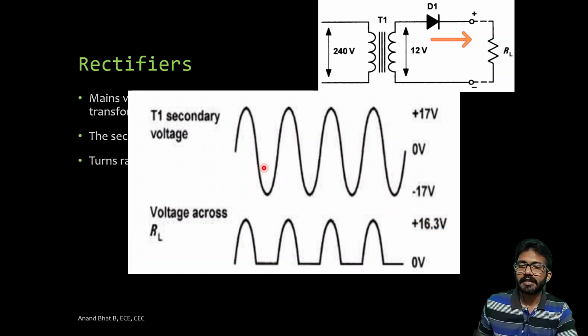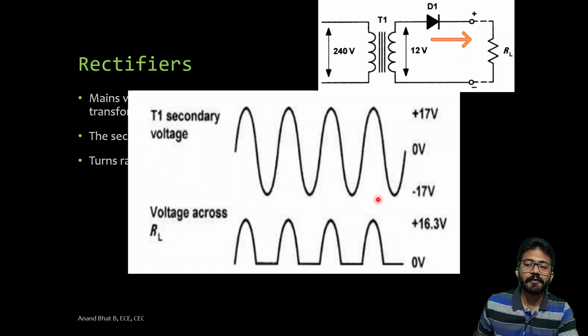And we see that during the negative half cycle, the diode is reverse biased, thus it will not conduct, and hence in the negative half cycle of the input, the output voltage will be 0. Now we see that only one half cycle is retained and another half cycle is lost, and the scenario repeats in all further subsequent cycles.